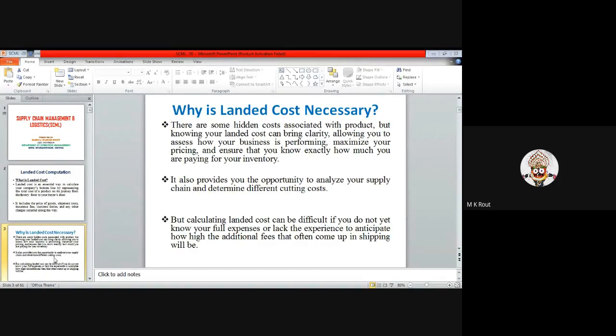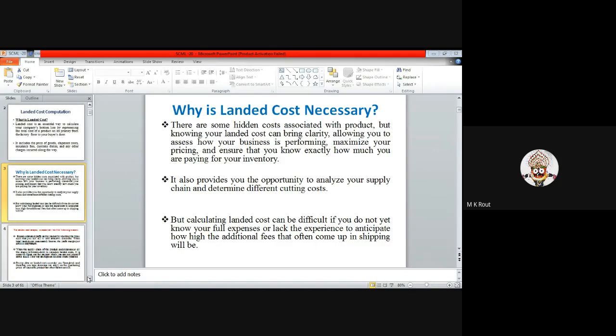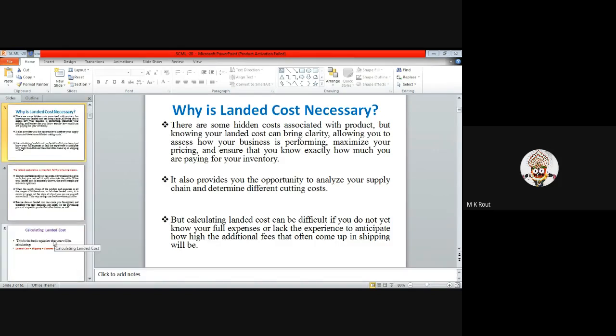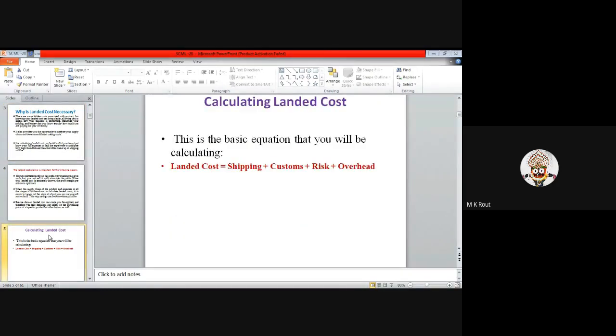Moving to the next part, point number three: calculating landed costs can be difficult if you do not yet know your full expenses or lack the experience to anticipate how high the additional fees that often come up in shipping can be. That is why, when you calculate landed costs, the most important thing is you must observe the mathematical formula, the equation.